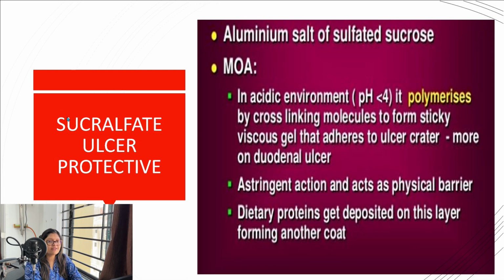Aluminum salt of sulfated sucrose, that is sucralfate, is the ulcer protective drug. In this case, what happens? In the acidic environment, they polymerize by cross-linking the molecules, to get a viscous gel-like formation that adheres to the wall of the ulcer crater or the ulcer sole, and that helps in reducing the duodenal ulcer.